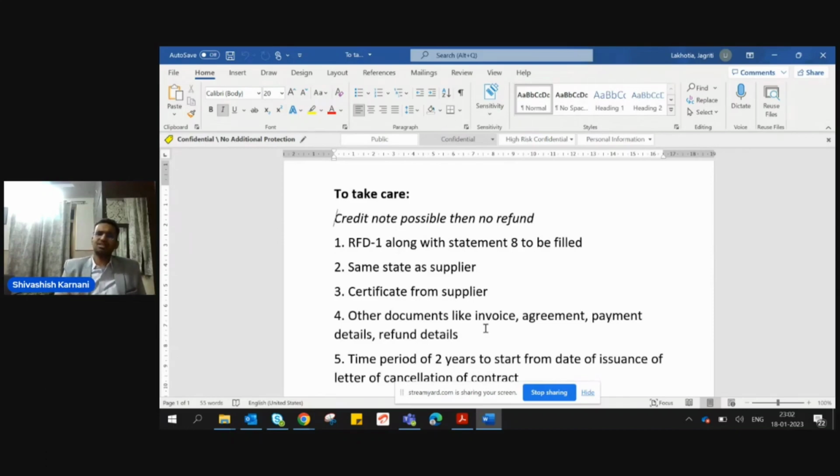Now, let us say the booking was cancelled in August 2019. In that case, since the booking has been cancelled before the timeline to issue the credit note, which falls in September 2019, the refund can be claimed by way of credit note only.